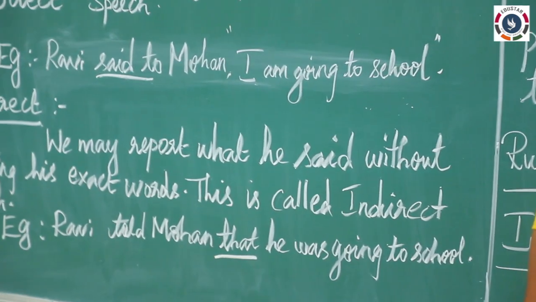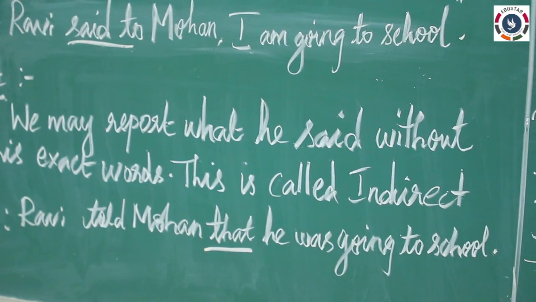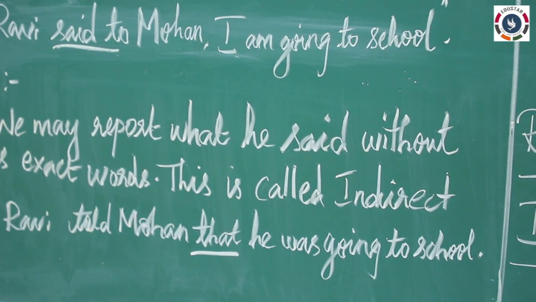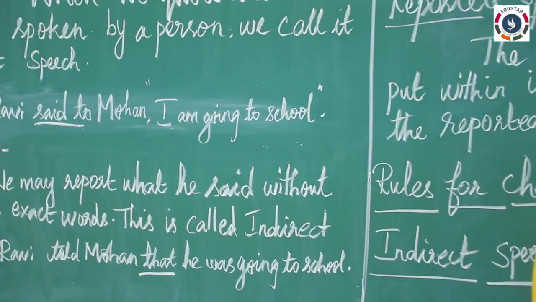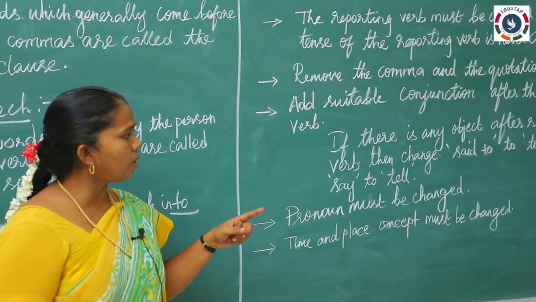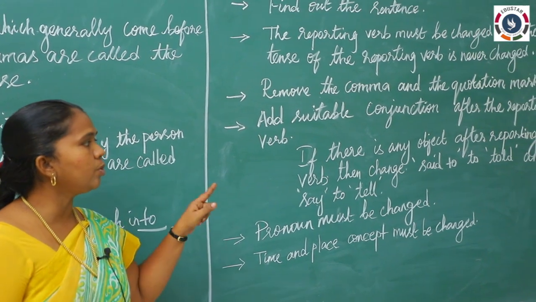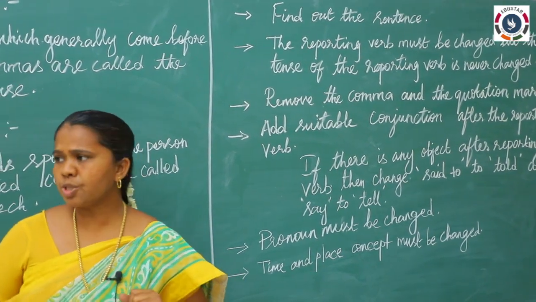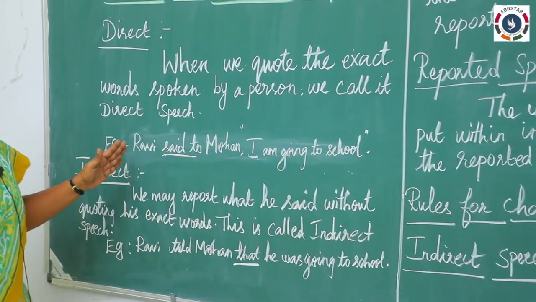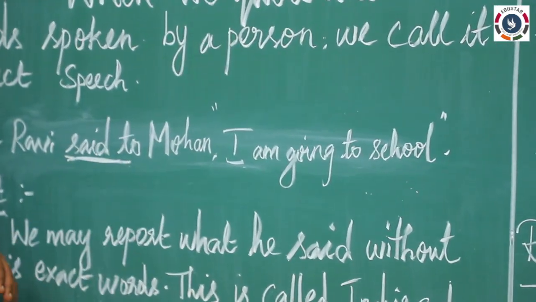So what is that fourth point? Add suitable conjunction after the reporting verb. If there is any object after reporting verb, then change said to into told and say to into tell. So we should know the object also. Here, Ravi said.